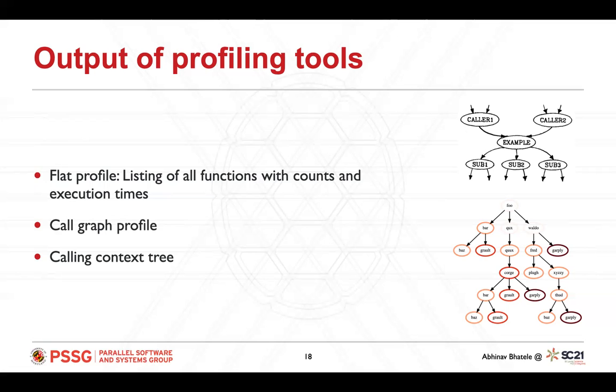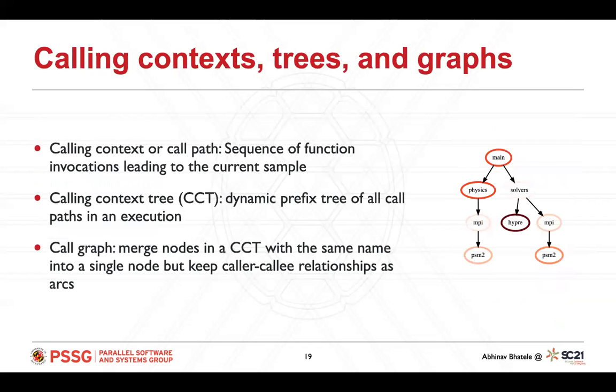Some tools provide more detailed call information, which we refer to as a calling context tree, and I'll explain that in the next slide. So let's talk about a few terms that will be useful in various sessions in this tutorial. Calling context or call path refers to a sequence of function invocations leading to the current sample.